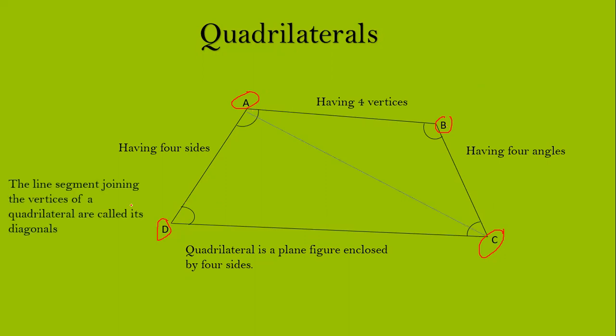Here vertices means the opposite vertices. Now if you go on joining like this, it is also a diagonal.